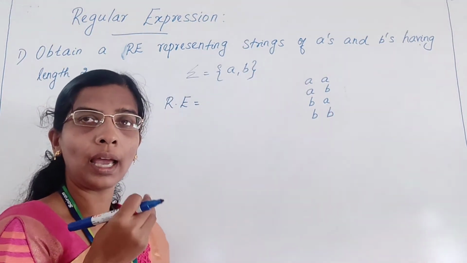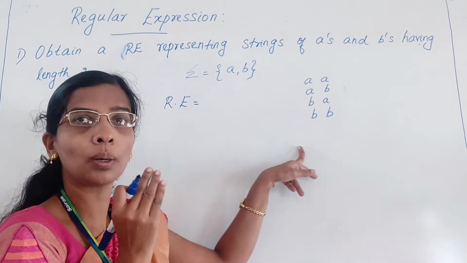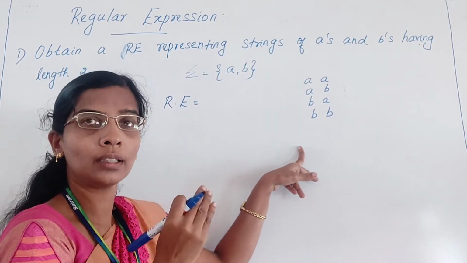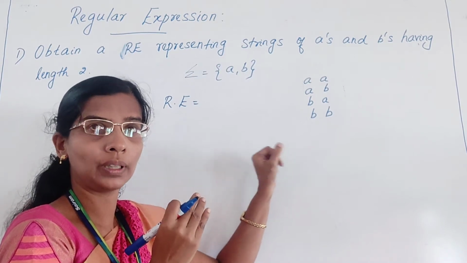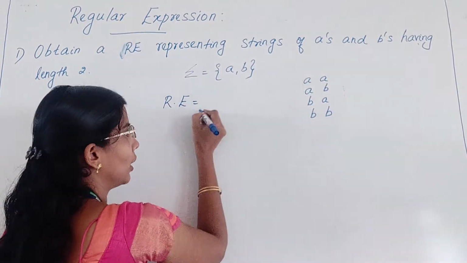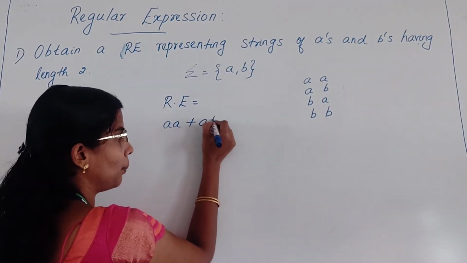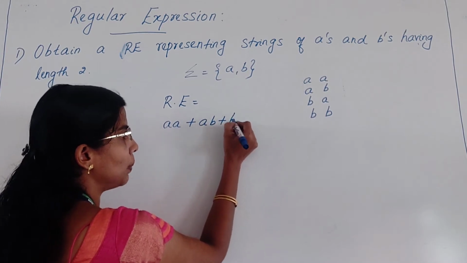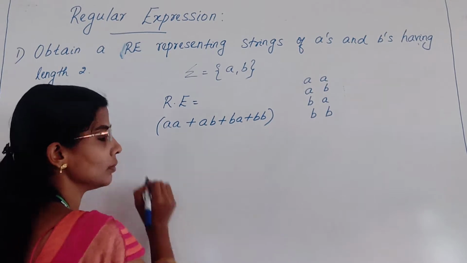With A and B, only these four strings are possible with length 2. So, how can I write this regular expression? It is AA or AB or BA or BB.